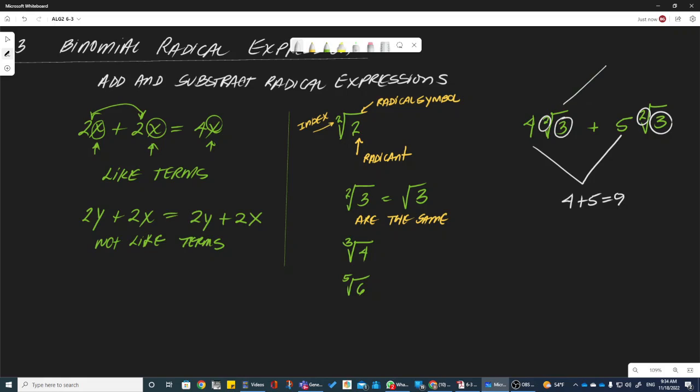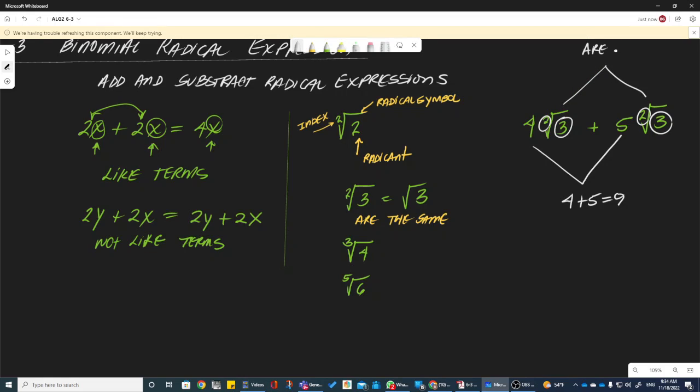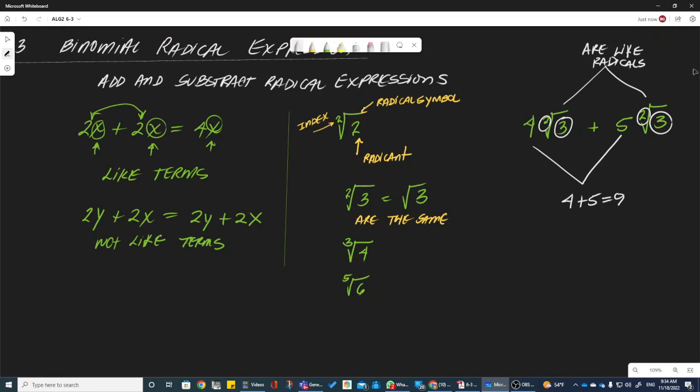That means these two terms are like radicals. And they're like radicals because they have the same index and the same radicand.